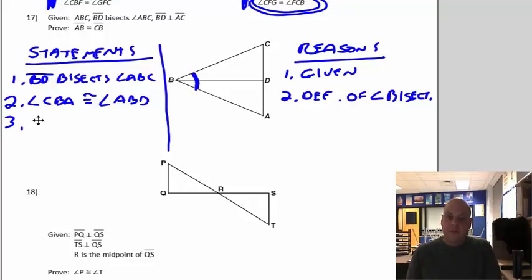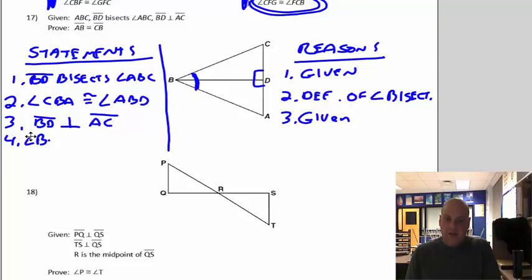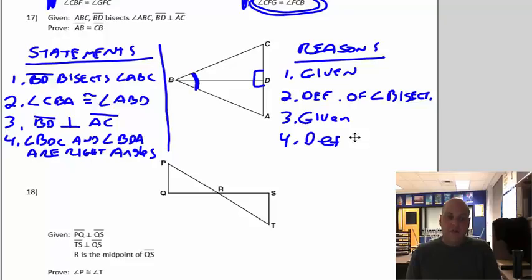Then I'm going to put my other given in. BD is perpendicular to AC. Perpendicular gives me right angles. That's given. So angle BDC and angle BDA are right angles, and the reason they are right angles is definition of perpendicular.